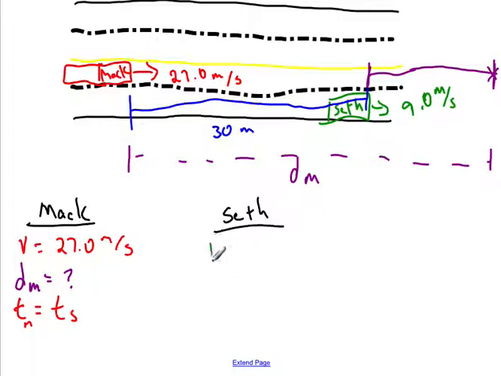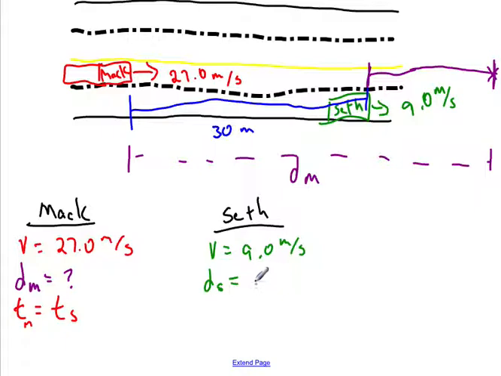This is in green. So his velocity's not changing, right? It's the same. Let's write it like this. Seth is going to go the distance that Mac goes minus 30, right?